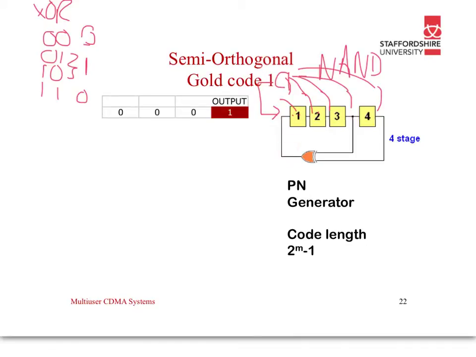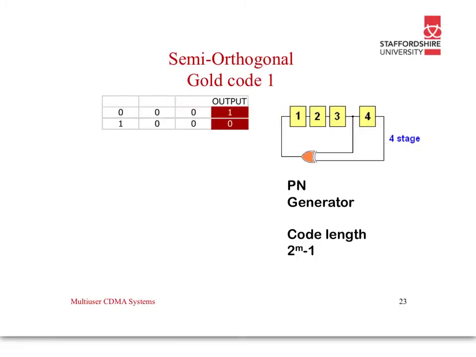So the output is 1, and it gets fed back to position 1. Then everything shifts to the right by one. So we have a 1 here, and then these 3 zeros are shifted along, because this is what a shift register or a D-type flip-flop does. Again, I'm showing 1s and 0s here because these are generated by Boolean algebra.